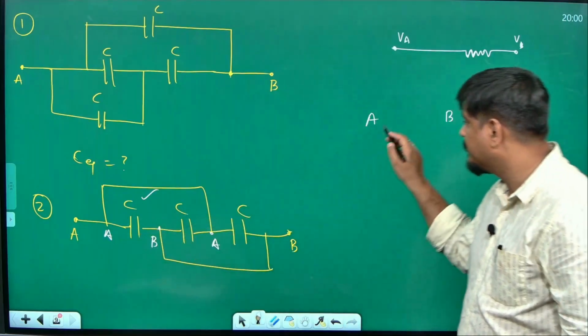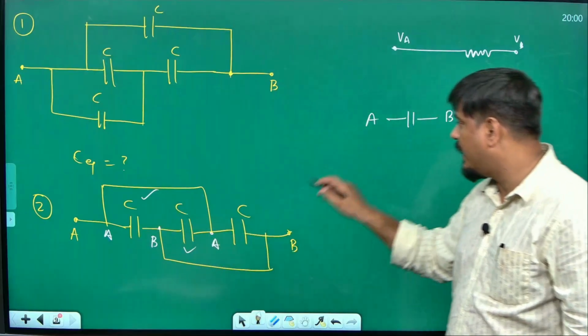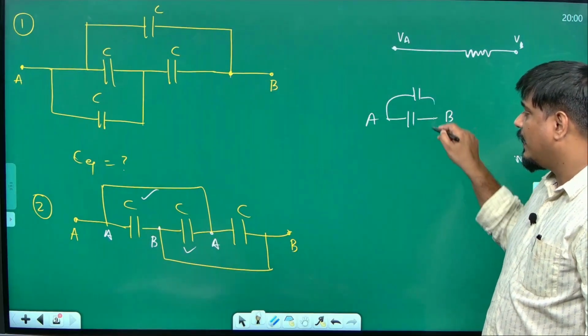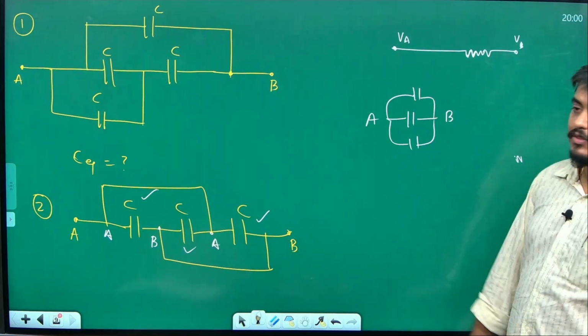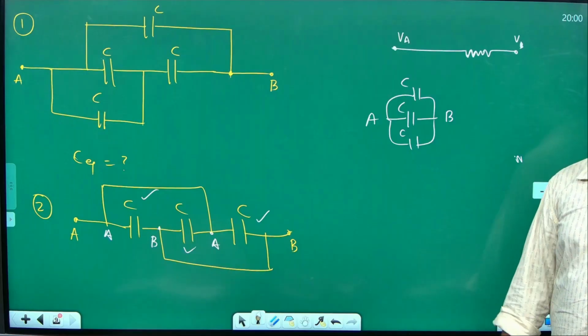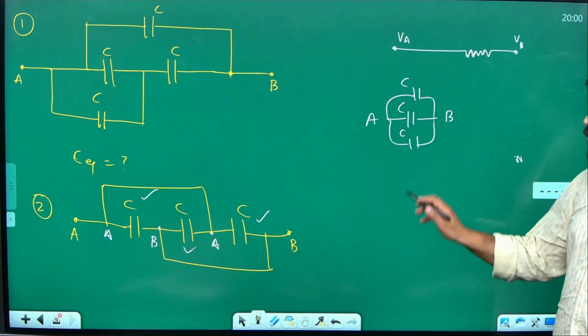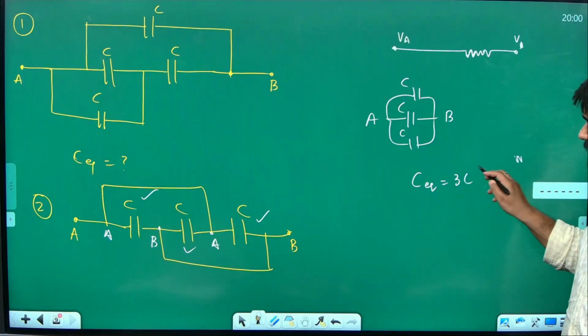A and B. This C is between what and what? A and B. And this C is between what and what? A and B. So, here we have 3 capacitors in parallel. So, what is the answer? 3C. I don't think anybody said 3C.